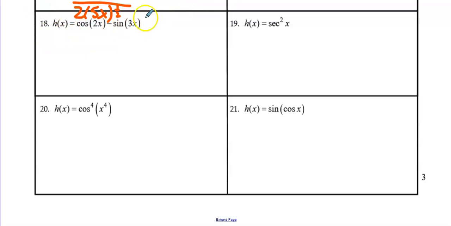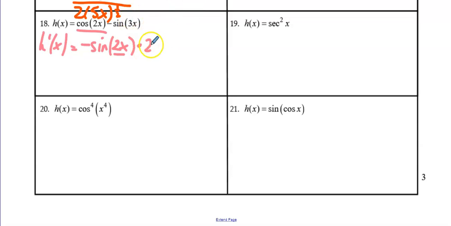This one, we've actually done really easy questions with this one because right here it's just cosine of 2x minus sine of 3x. So we find the derivative of this one separately and this one separately, and we put them together. So h prime of x is going to be equal to, well, the derivative of cosine is going to be negative sine. Again, we leave the 2x alone, and then we're going to multiply by the derivative of what our theta is, so 2.